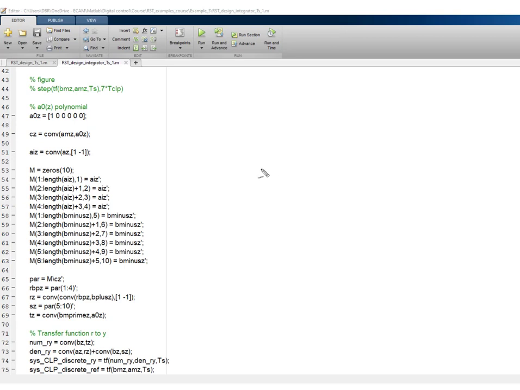Well, the Diophantine equation that we have to solve is a(z)(z-1) r bar prime(z) plus b minus s(z) is am a0.